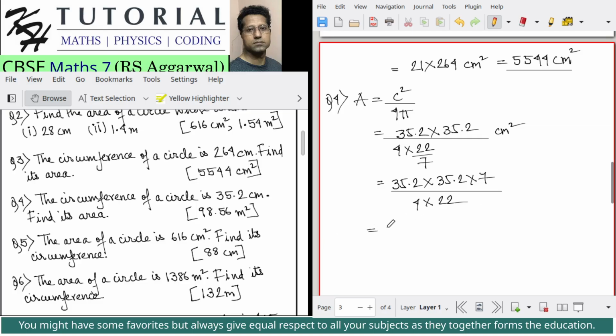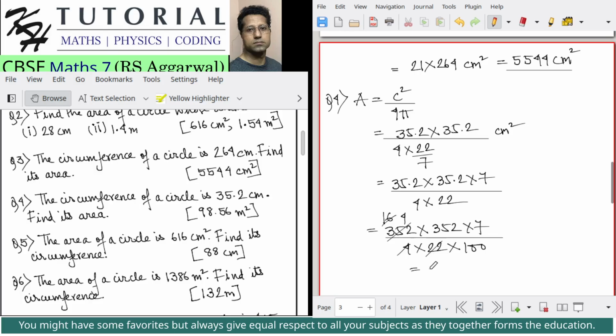This is equal to, let's convert the decimal to fraction. This will be divided by 4 multiplied by 22 multiplied by 100. Okay, so 22 divides 352 with 16, and 4 divides 16 with 4.